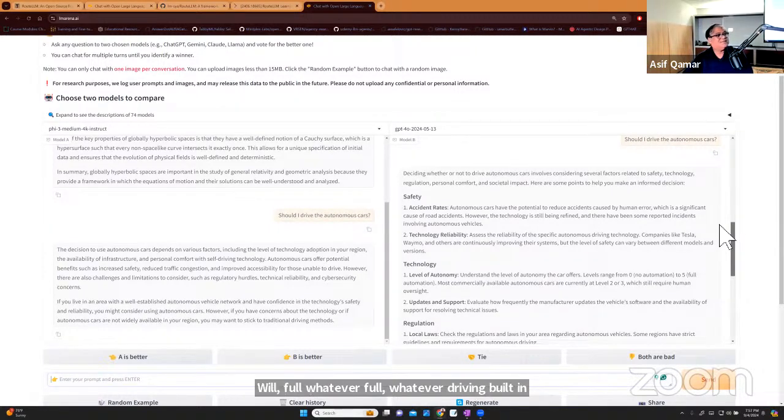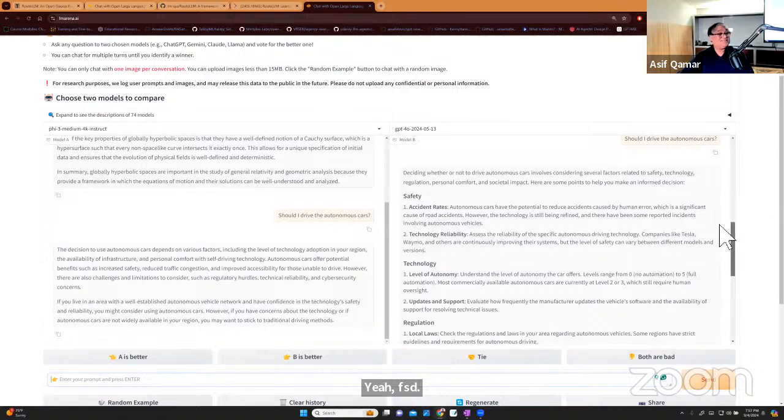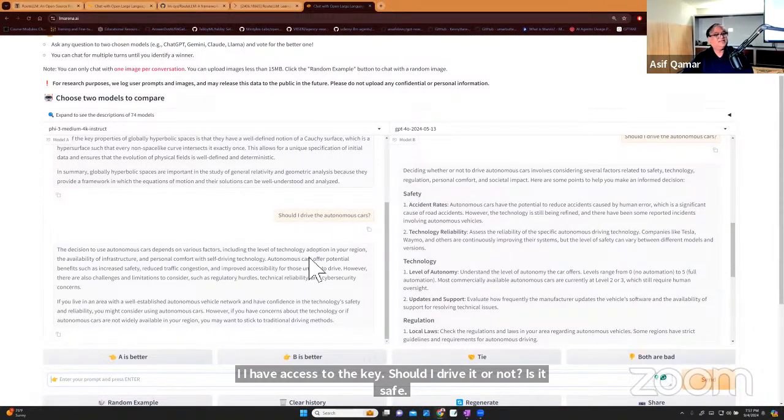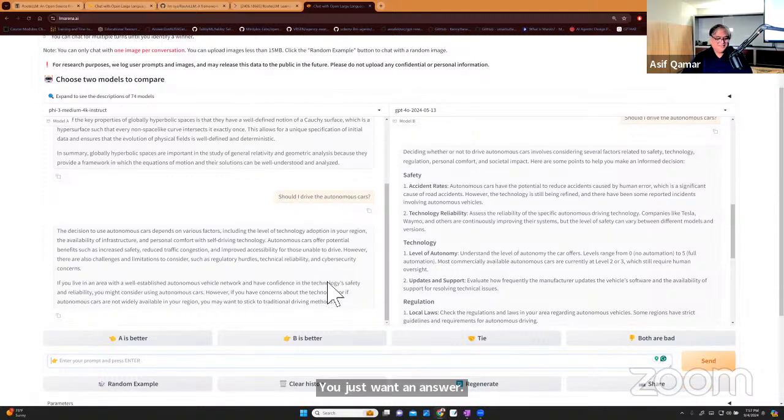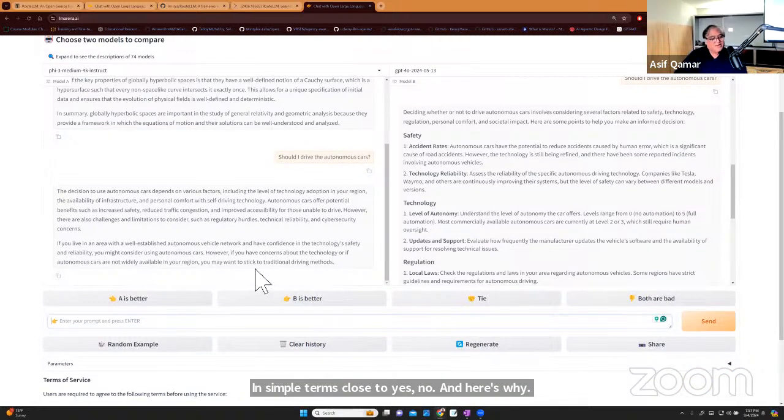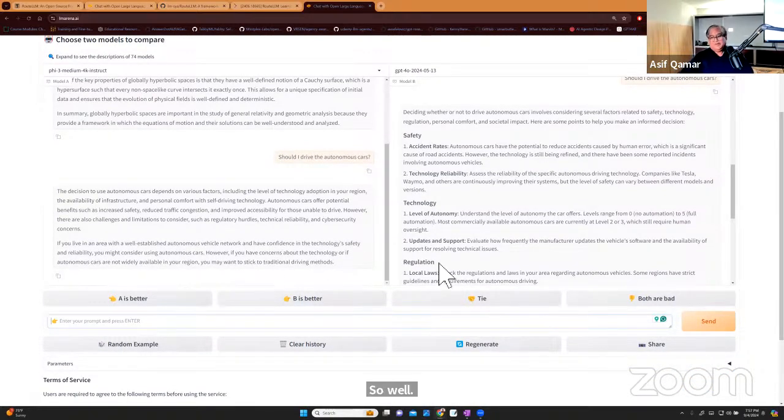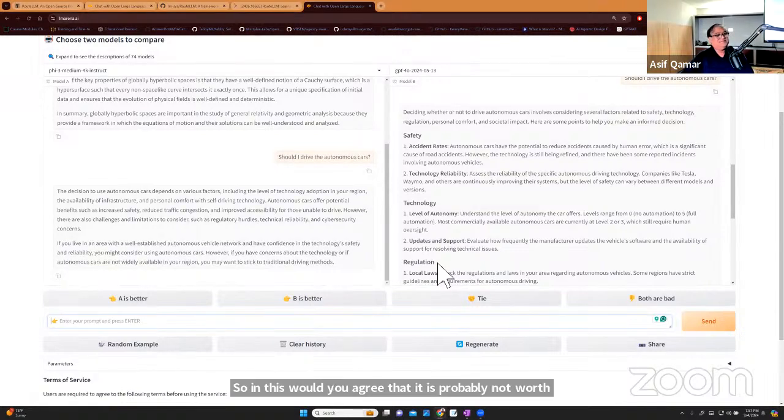What is that called? FSD. Yeah, FSD. I have access to the key. Should I drive it or not? Is it safe? You just want an answer in simple terms, close to yes, no, and here's why. Right? So in this, would you agree that it is probably not worth paying the cost of this extra information?